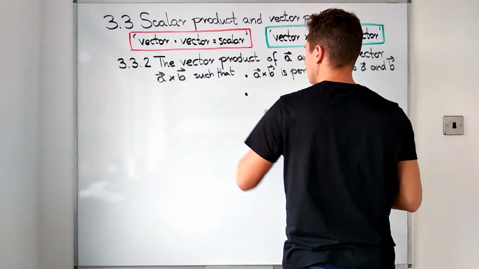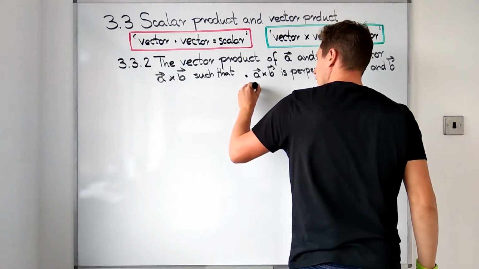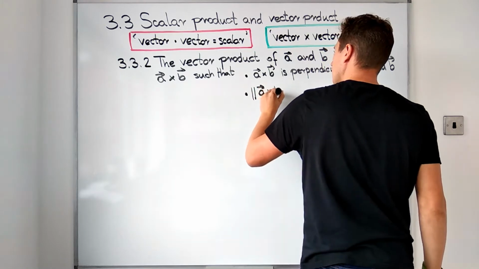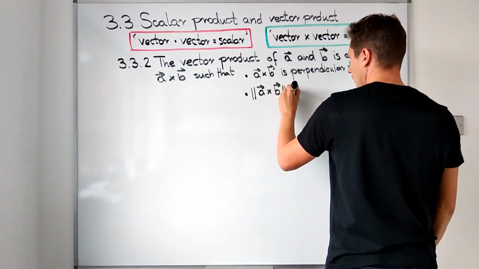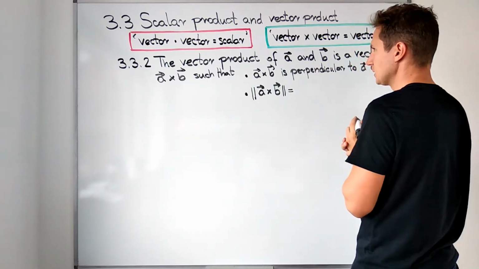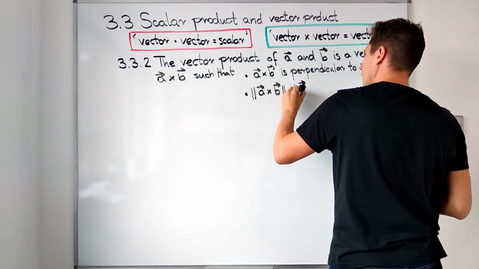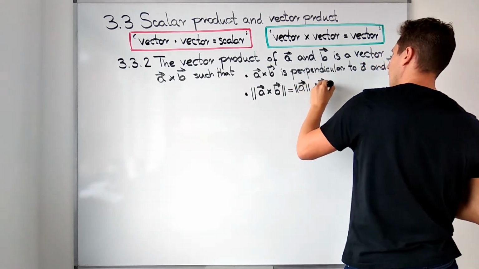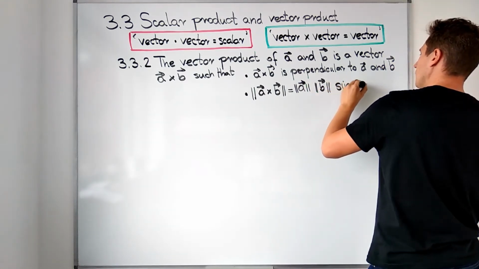As for the next condition, the length of the cross product, the length of this vector product, should be equal to the length of A times the length of B times the sine of the angle between them.